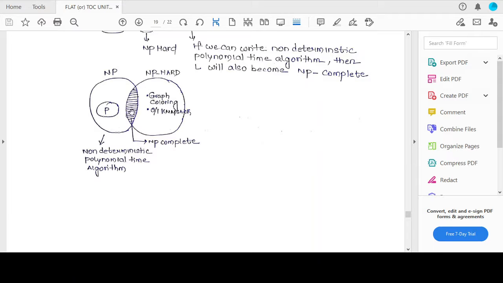Already we have seen the definition: NP-complete means the problem which belongs to NP as well as NP-hard. So that intersection region of NP and NP-hard is considered as NP-complete. Moreover, an NP-hard problem may or may not belong to the NP class.